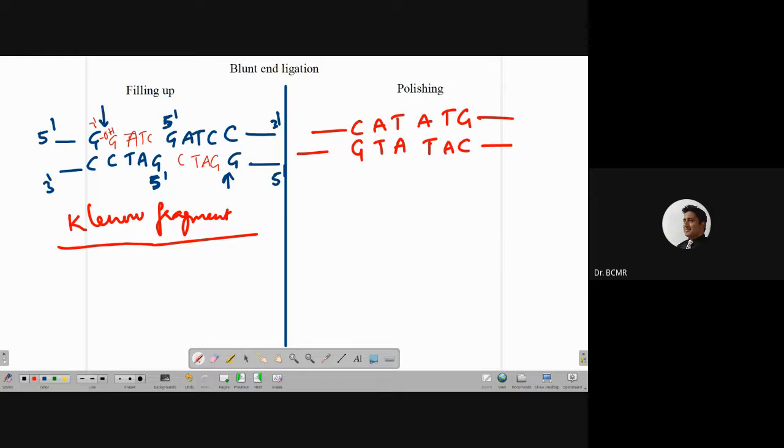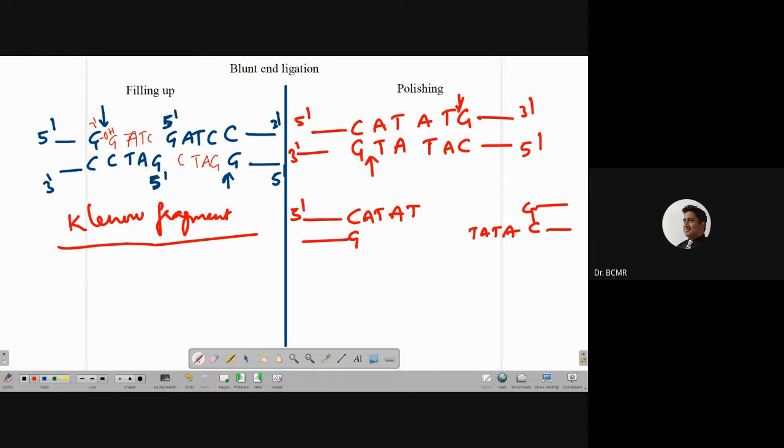So if there was a restriction endonuclease that would have recognized this and cleaved it at certain sites, say for example here and here, if that is the point of cleavage, what we get is CAT, AT, and G, and here we'd get G and TATAC.